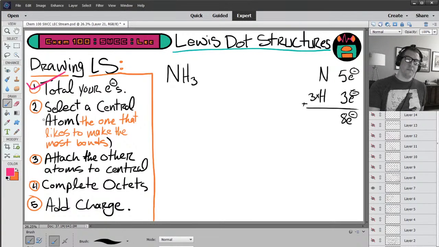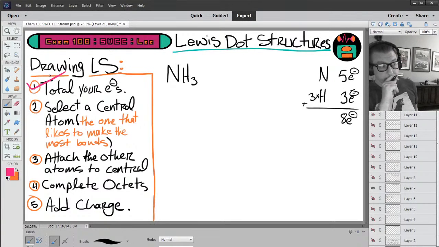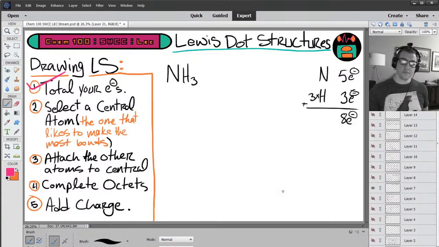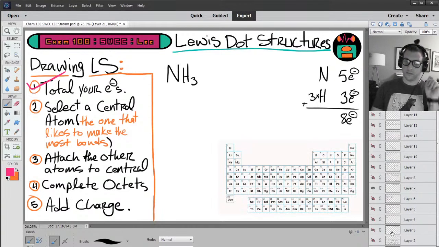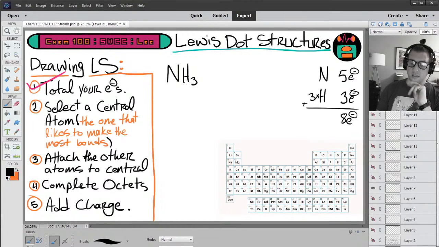All right, so we have successfully done step 1. Now we're on step 2. We actually have to pick a central atom. The question is, what do we choose?